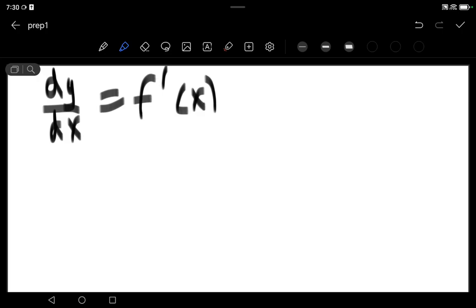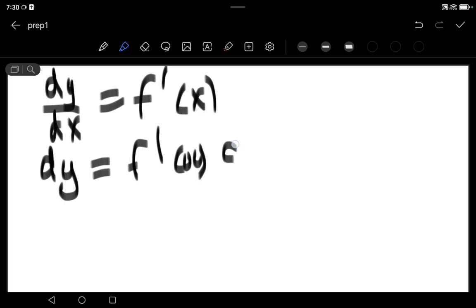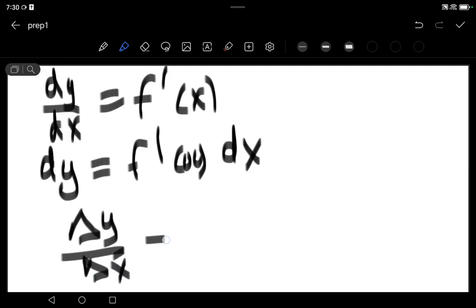So here we can make dy the subject of the formula. We're going to have f prime of x multiplied by dx. When we want to estimate the resulting error, we use approximation. We write it as change in y over change in x equals dy over dx.